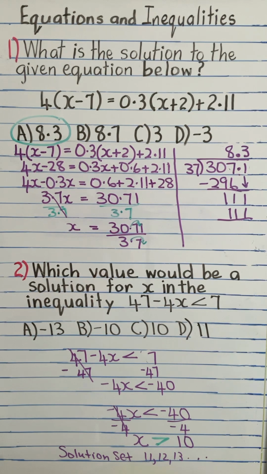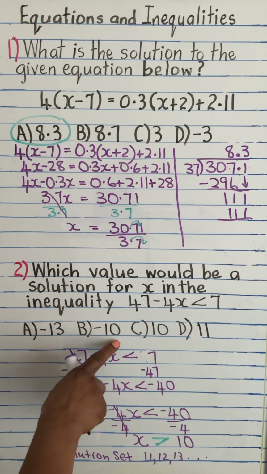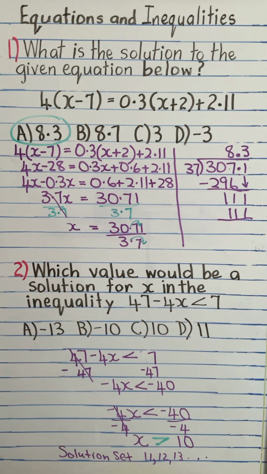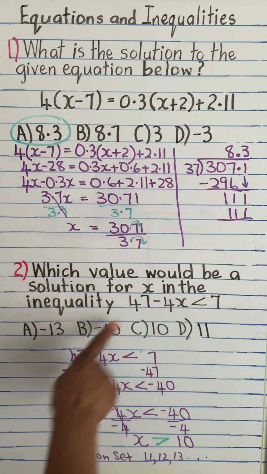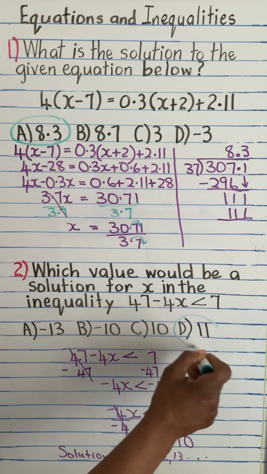So when we look at our choices, we have one number, 11, which value would be a solution for x, and that is 11.